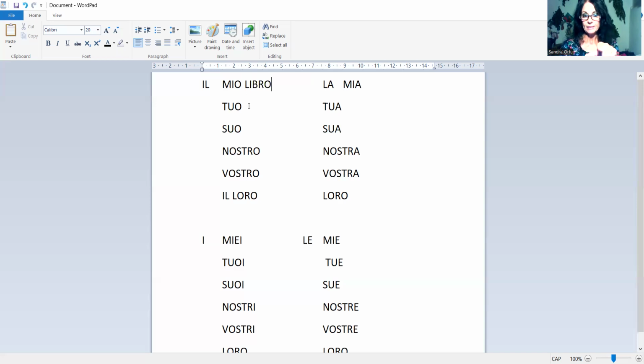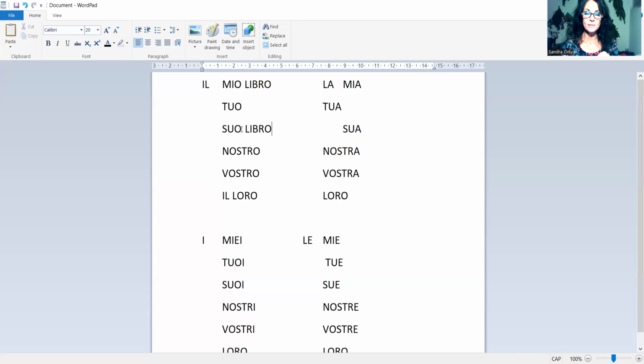If we write libro next to each of these, we have il tuo libro, your book. Il suo libro means his book or her book. You would see this from the context.